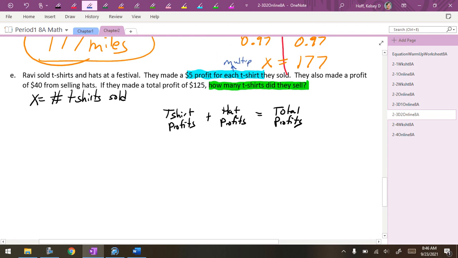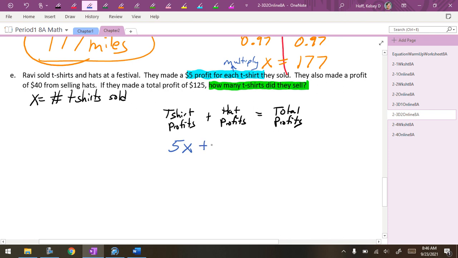So how would I represent my t-shirt profits? What am I going to write under t-shirt profits? Just $5? What does each mean? Multiply by how many shirts they sold. Do we know how many shirts they sold? No, but we're using X. So that's where your 5X comes in.